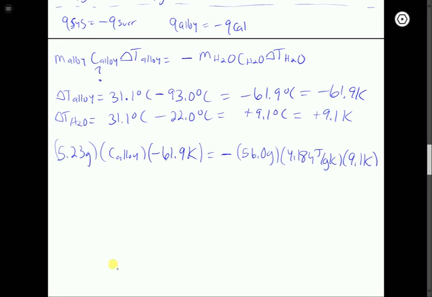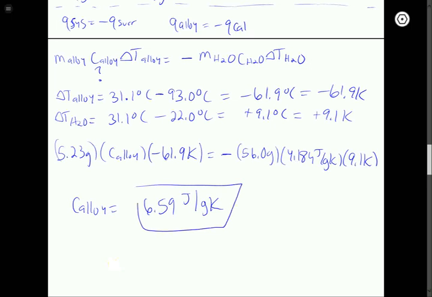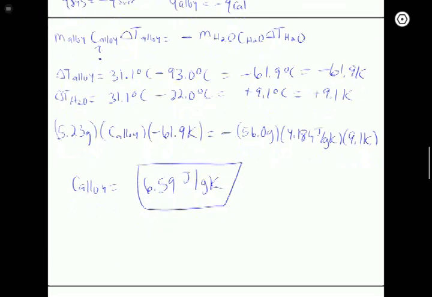So when we do our algebra and solve for the heat capacity of the alloy, we get 6.59 joules per gram Kelvin. Okay. As we saw in class, there is a general equation you can write for these types of problems if you want.